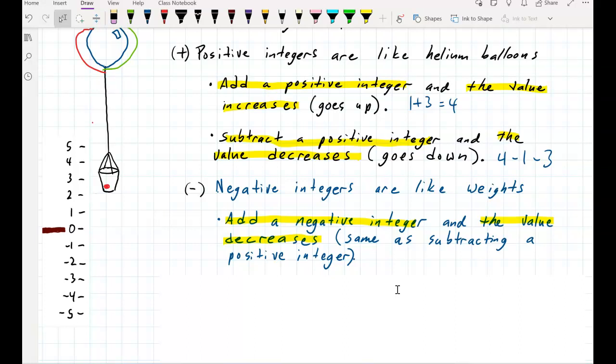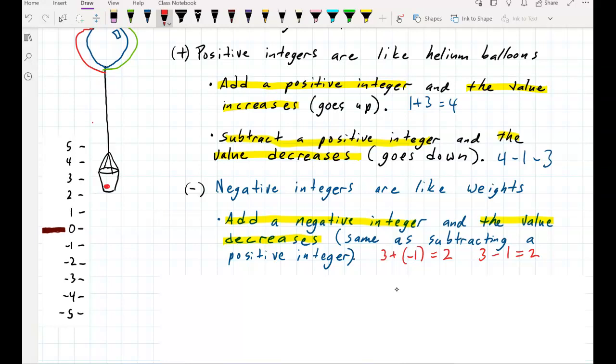I was at 3, then I added a weight, which is a negative 1, and I ended up at 2. That's the same thing as 3 minus 1 equals 2. Adding a negative is just like subtracting a positive.